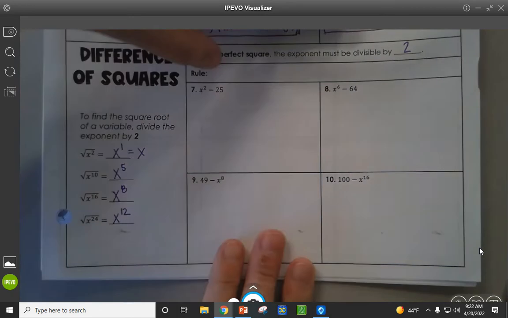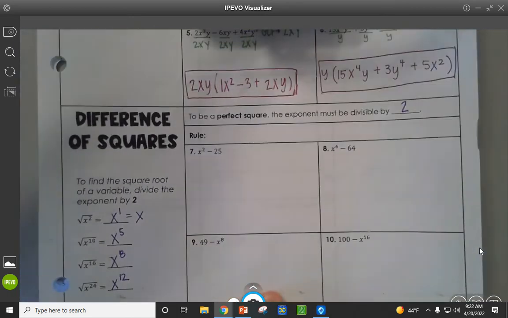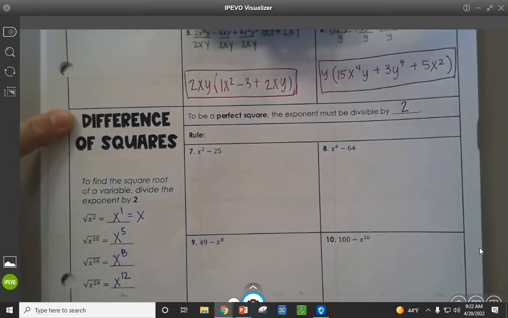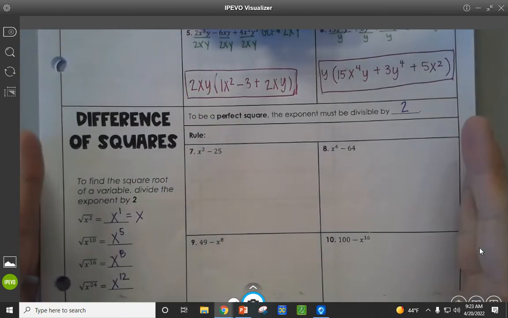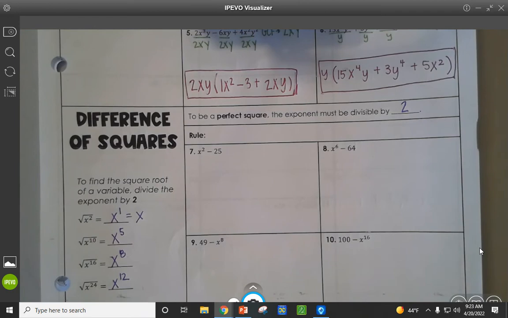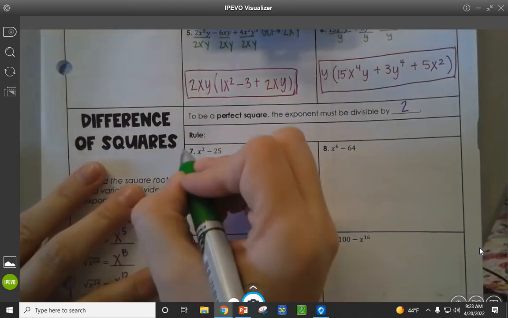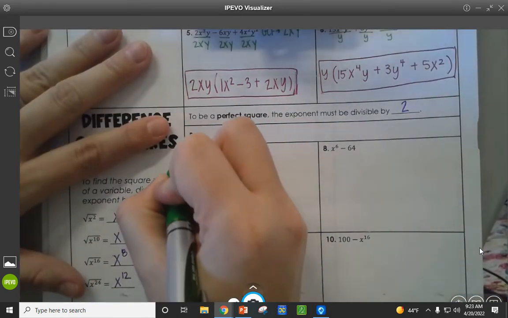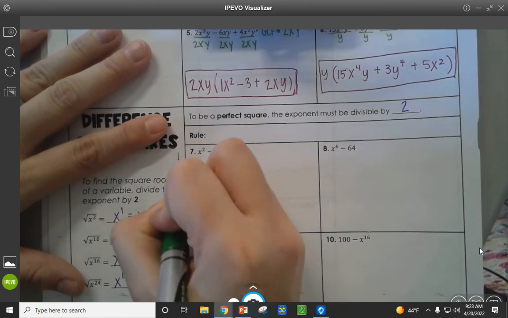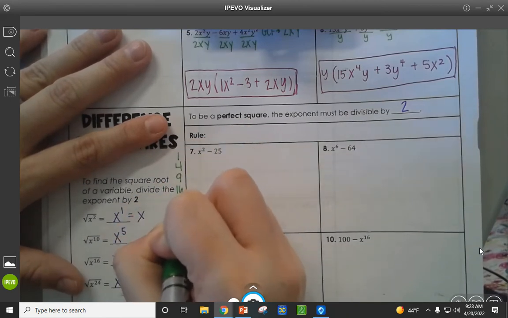Okay. So a difference of squares. What does the word difference mean? Subtraction. So these are the types of factoring problems that we will have when we have a subtraction problem, and both things that I'm subtracting are perfect squares. So they're either one of those perfect square numbers, which I can list over here if you want to write them.